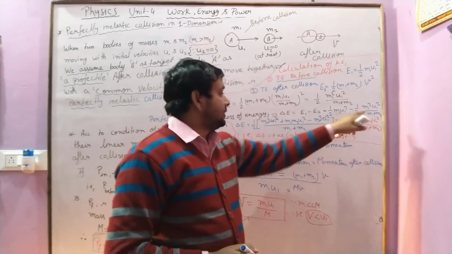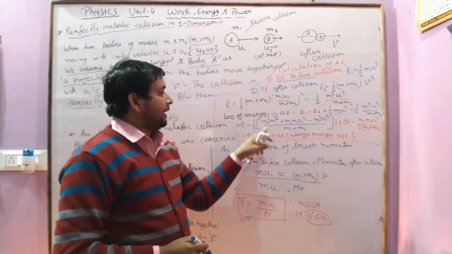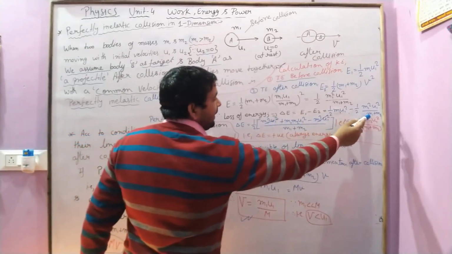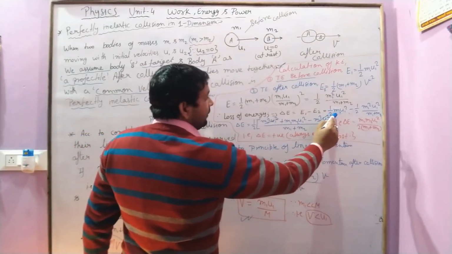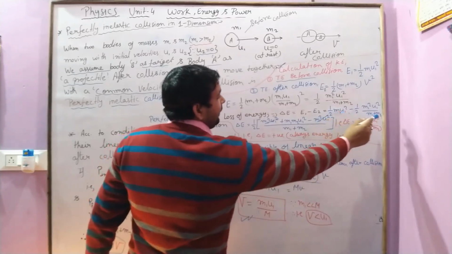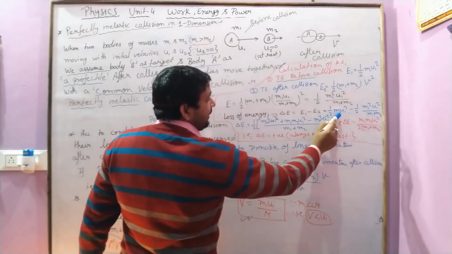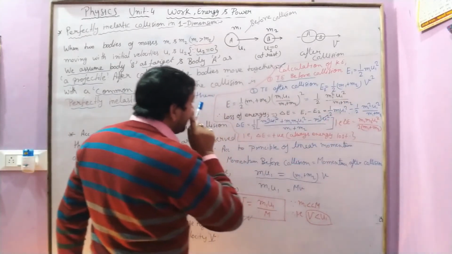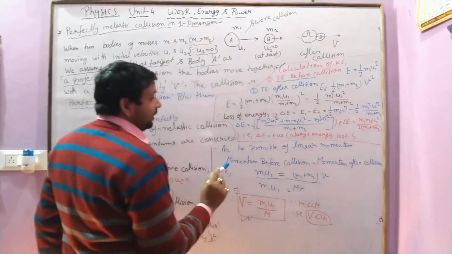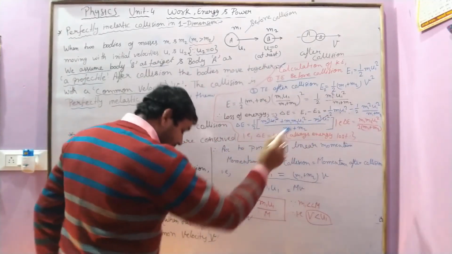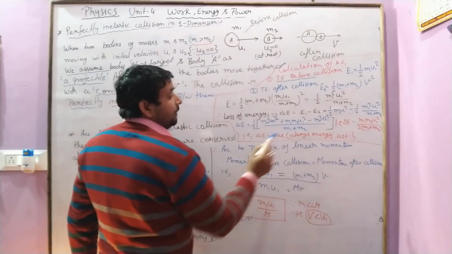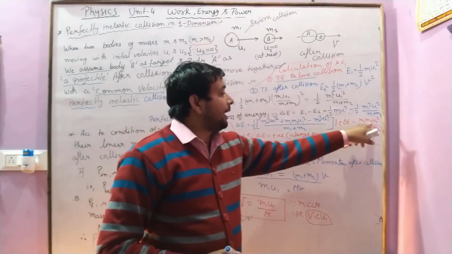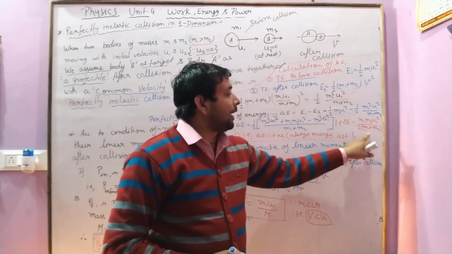By putting the values and taking LCM, we get this relation: when we multiply m1 with this, we get m1 square u1 square, and when m2 multiplies with m1, we get m1 m2 u1 square, minus this result. By solving this, this will cancel, and the loss of energy, del E, is equal to m1 m2 u1 square upon 2 (m1 plus m2).